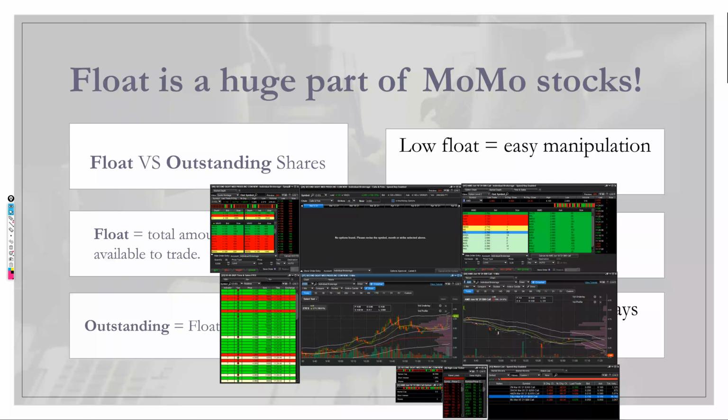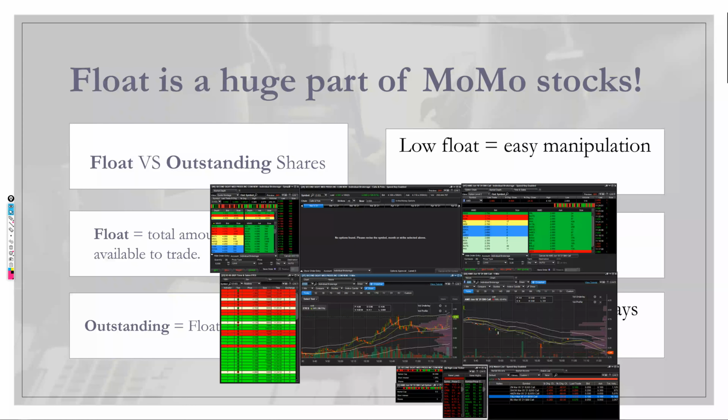So my question is, where do you get that information from? Where did you get that information, Zach and Dan? So you guys got that off of FinViz, right? Yeah, that's where most people go and get their float.